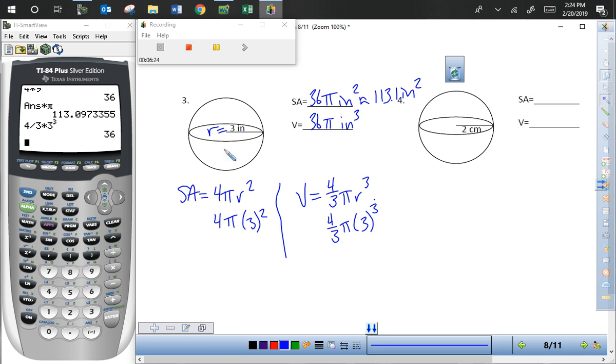Just like with some of our other shapes, it is possible for our surface area and our volume to look the same. They did in this case, which means our decimal has to be the same as well, so I'll just drag it down. Your label is different, so they're different sizes really when we think about them geometrically, but their number value looks the same.